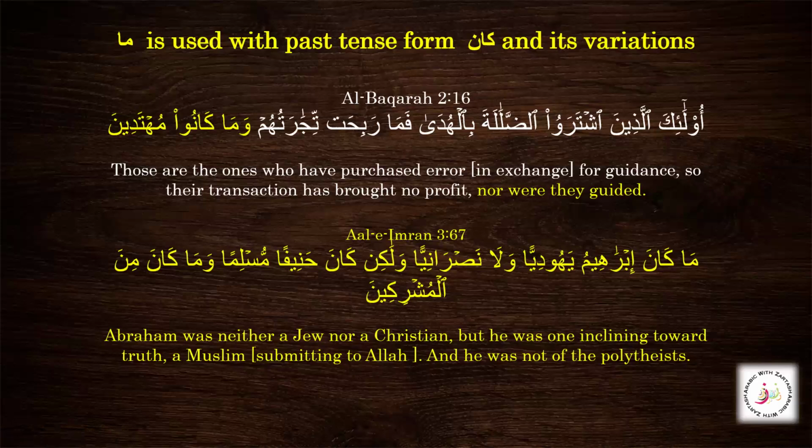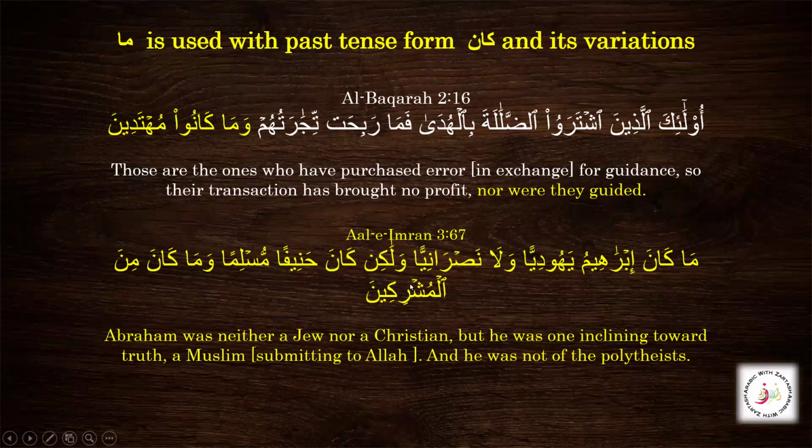So here we are going to look at this one. Here, ma again is for nafi, and we know that ma can be used only with the past tense of this fail, and that will be kana. So, Makana Ibrahimu Yahudiyun wala Nasraniyan.